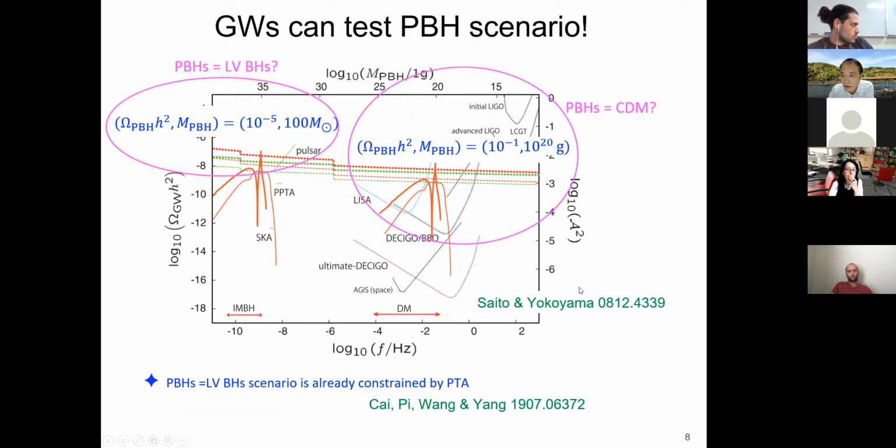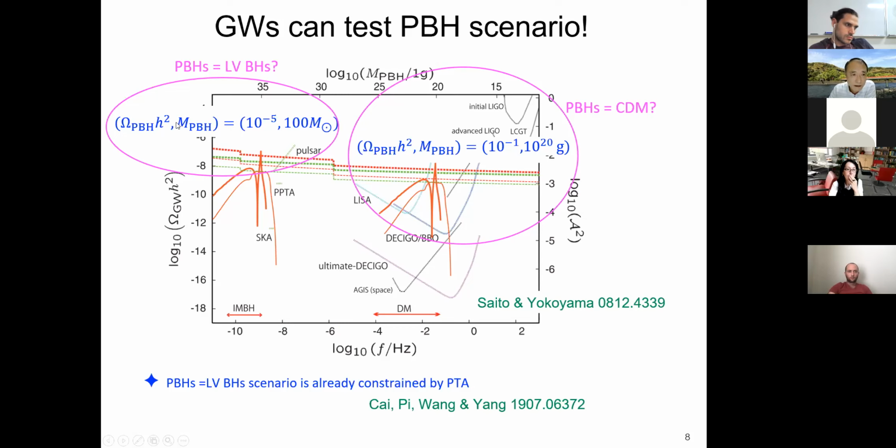Now, more than 10 years ago, Saito and Yokoyama did quite a similar computation. For example, if you consider a 10 to 20 gram primordial black hole, a little bit smaller than what I consider, but 10 to the 8 gram, which is essentially the dark matter of the universe, then their frequency would cross the DECIGO or BBO band.